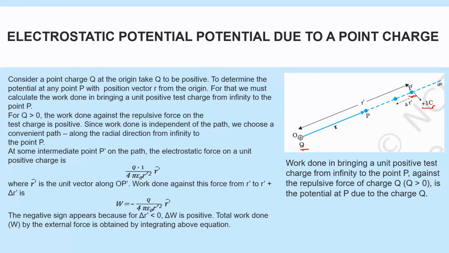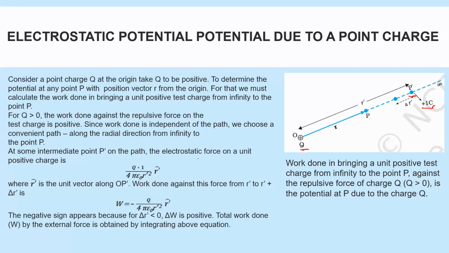Your R prime unit vector is along OP, so the work is going to be negative because as you saw, the del R prime is less than 0, and del W is positive. So the total work that is being done can be given by integrating the equation. This is the final equation.